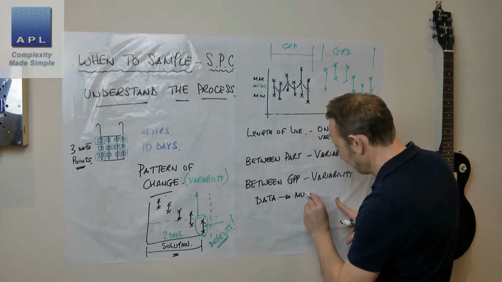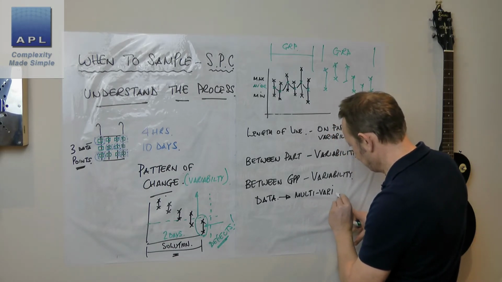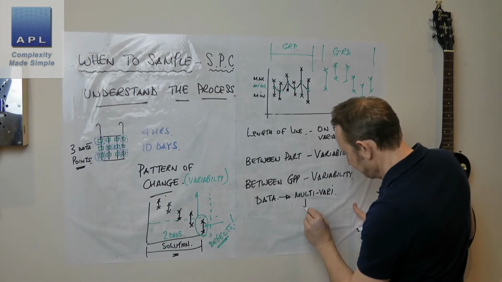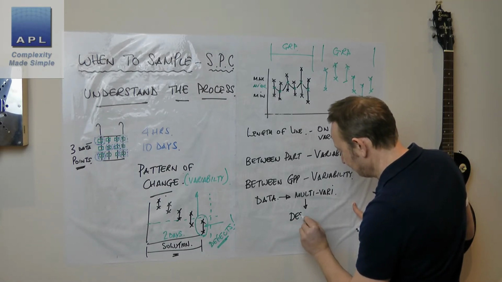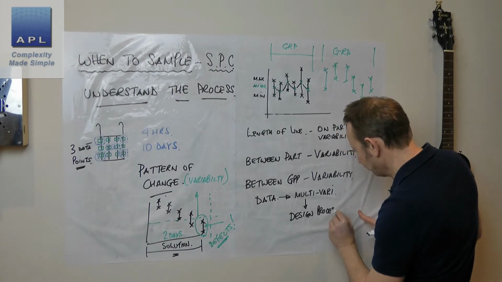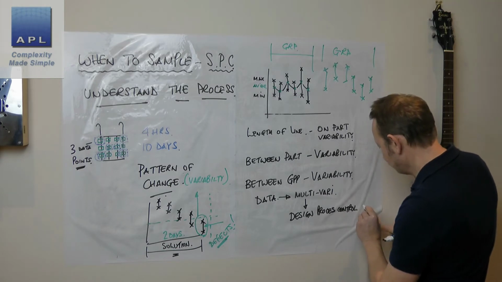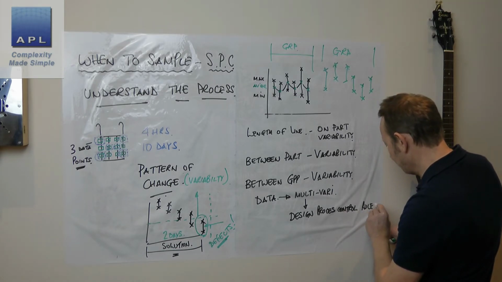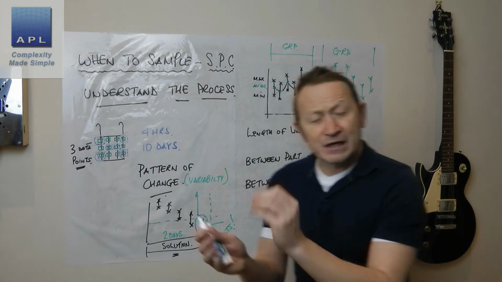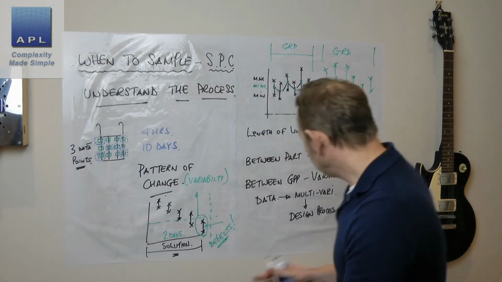do the multivariate chart, design process control rules. So you might decide as a result of seeing this data that you're going to implement a rule that doesn't exist or change the frequency of a rule.